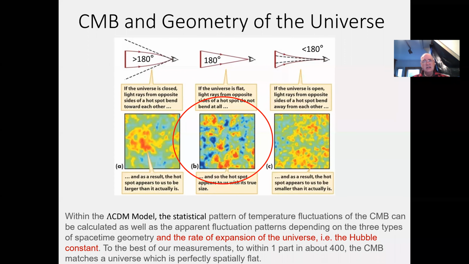This tells us that the matter energy density of the universe is equal to the critical density. That the density parameter, so-called, is equal to 1. It's because we have a flat geometry. The only way, in theory, that we get a flat geometry is because we have that critical density, our real density being equal to the critical density.